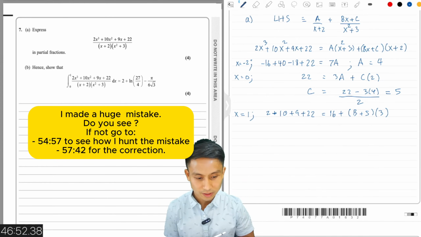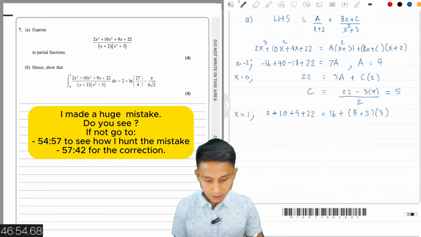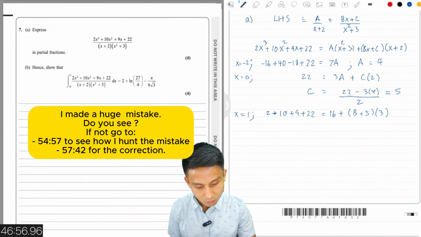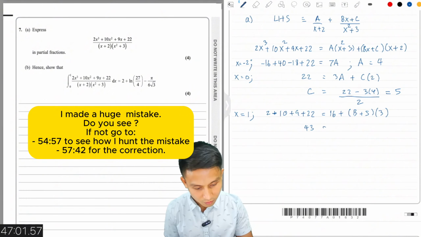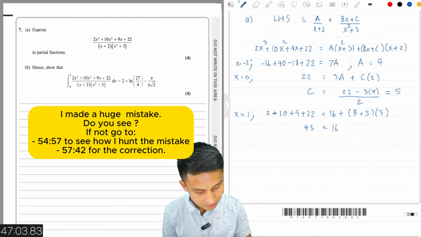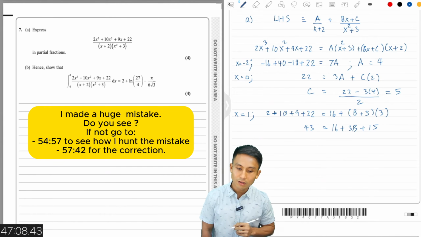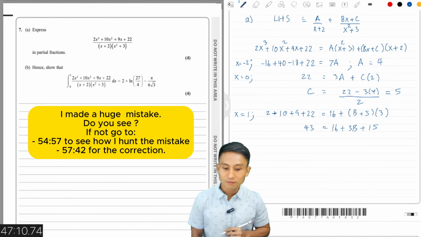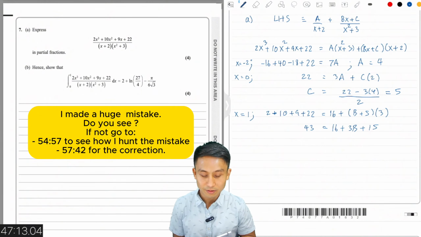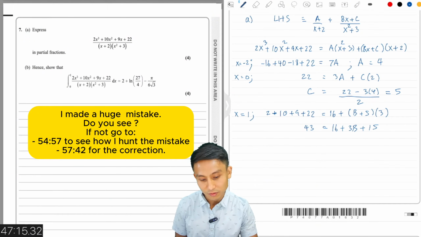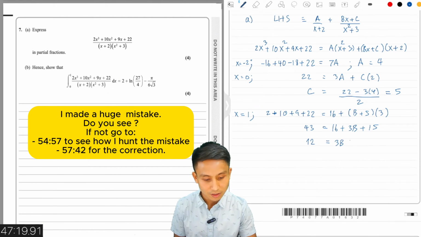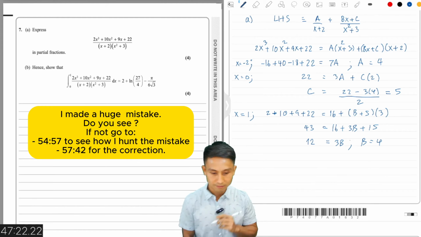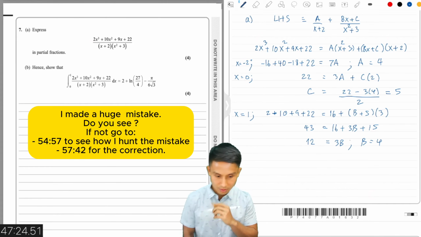Just carefully work through it. So the left part is 43. Equals 16 plus 3b plus 15. So the right side, we have a constant of 31. If we subtract 31 from 43, we get 12. So 12 equals 3b, so b equals 4, right? I think I'm happy with that.